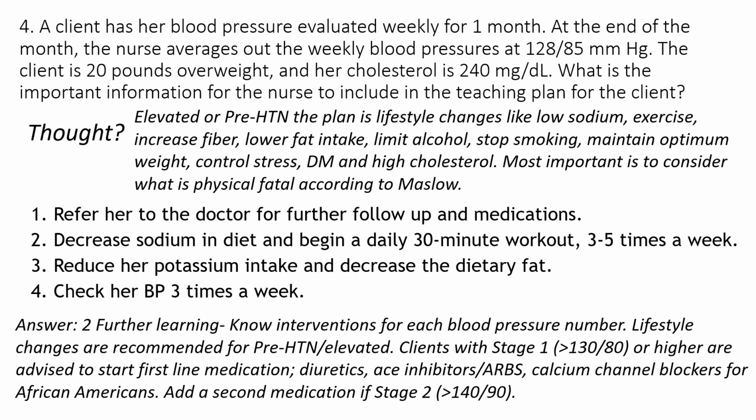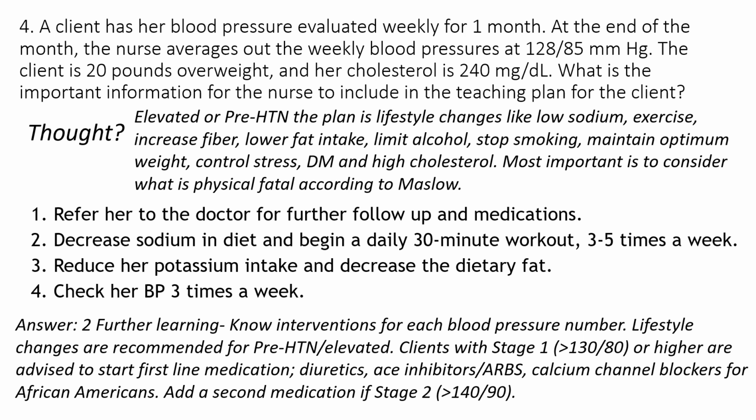So the answer was number 2, and in the further learning, it's a good idea to know the different interventions for each blood pressure number. So lifestyle changes, which are the ones we mentioned, are recommended for the pre-hypertension or elevated numbers. The clients with stage 1. Stage 1 is now considered 130/80. Back in the day, it used to be considered 140/90, so make sure you're aware of those changes if you didn't know it.